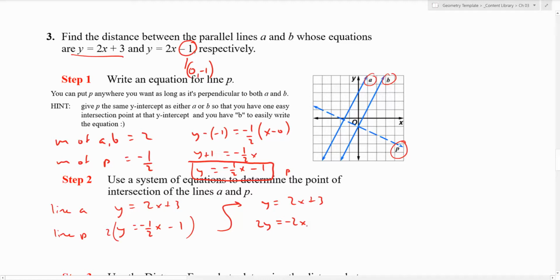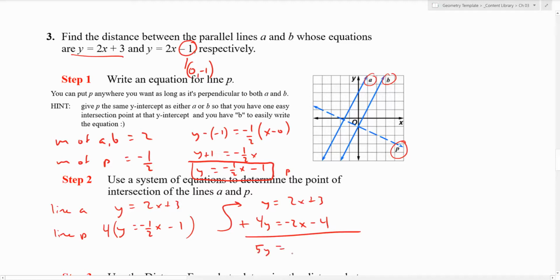Oh, is that right? Oh, I need to multiply this thing by 4, don't I? I do. I need to multiply it by 4. Sorry about that. 4y equals negative 2x minus 4. There we go. Now we can add those things together.